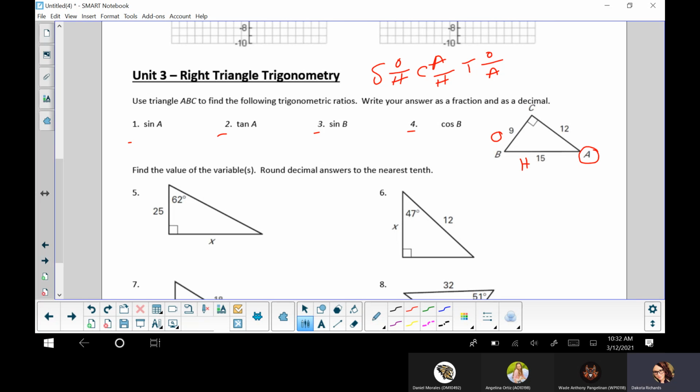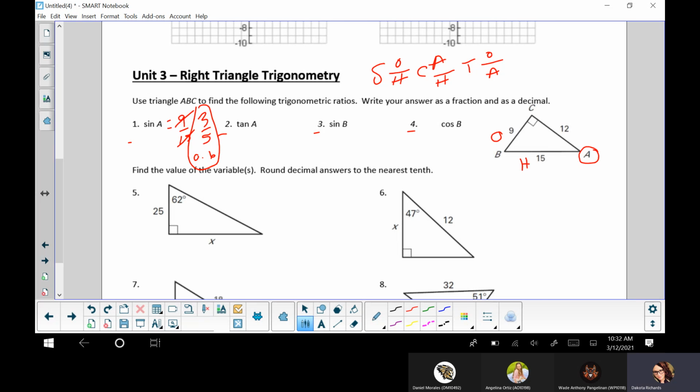So the sine of A is going to be opposite over hypotenuse, which is 9 over 15, which will reduce to 3 over 5. Or you can say it's 0.6. Either one of those works.